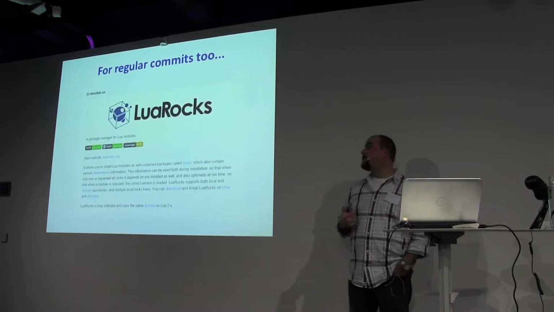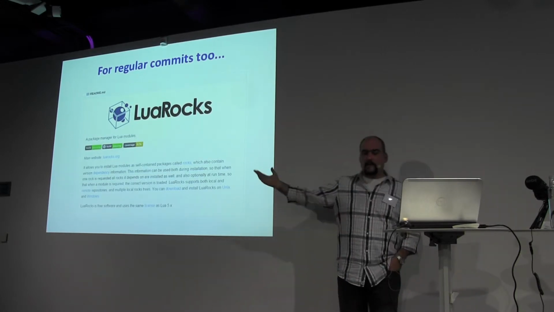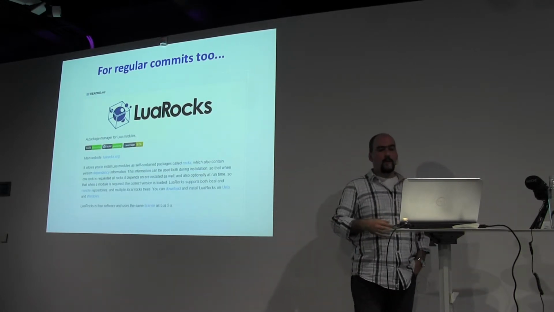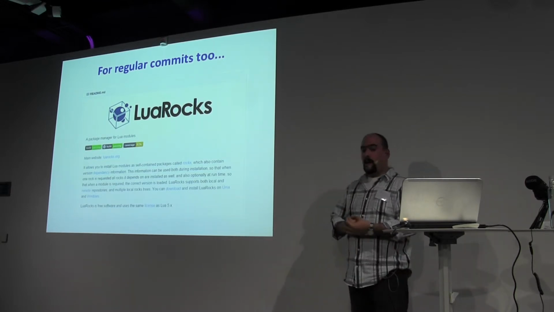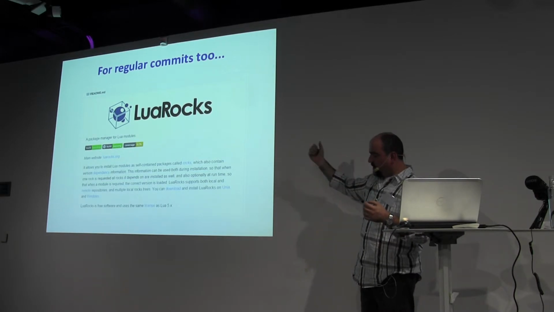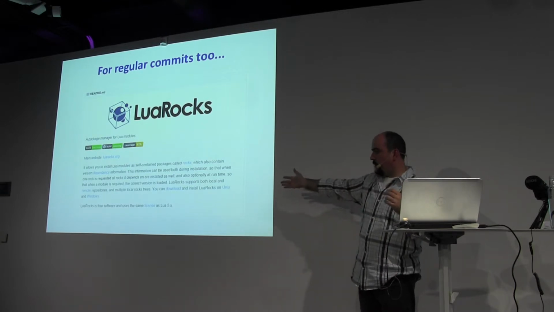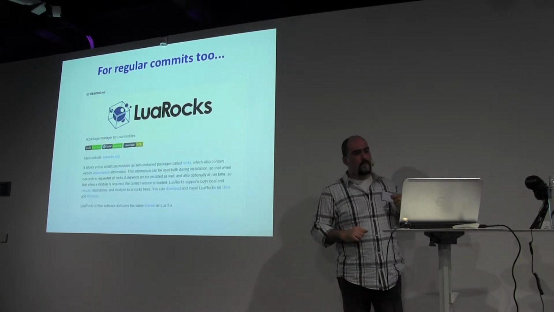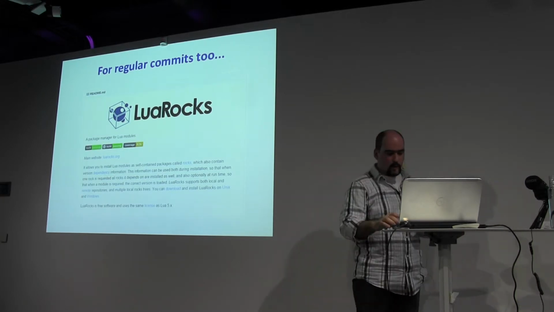And this also works for regular commits. For instance, LuaRocks has integration enabled, so each commit that is made to the repository is tested using both Travis and Appveyor, so we have coverage on Linux and Windows. Okay, so for both commits and pull requests.